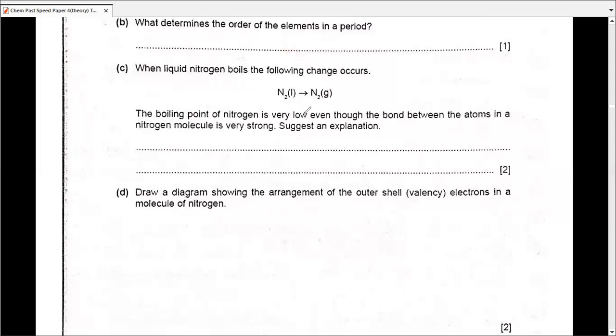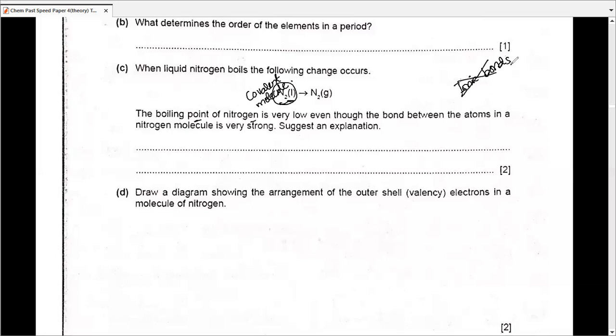Let me tell you, if something is in liquid form and we convert it into gaseous form, which means we are boiling it, and if it's a covalent molecule, remember that in case of ionic compounds, we do break the ionic bond to melt or boil it.